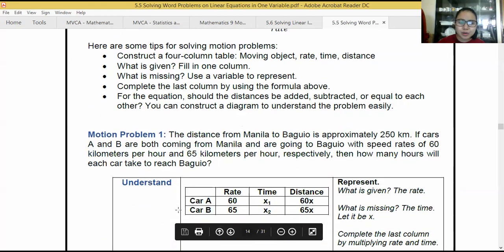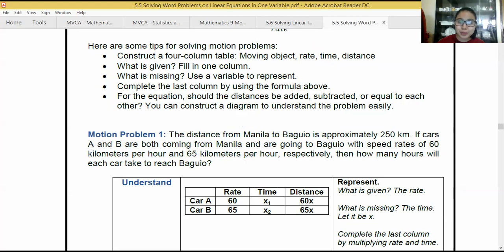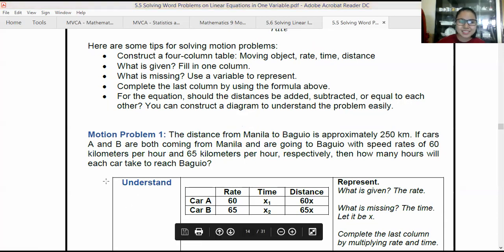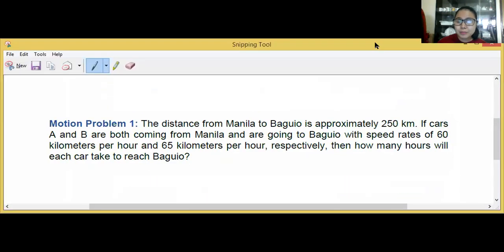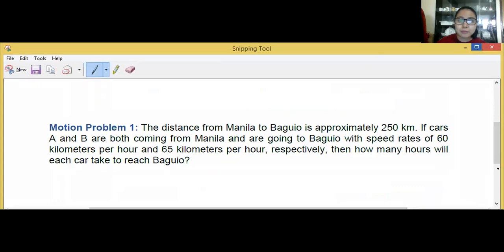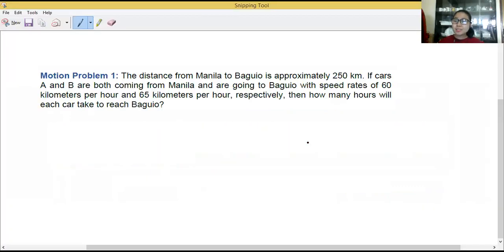Now, let's start with problem number one. Problem number one is asking, the distance from Manila to Baguio is approximately 250 kilometers.